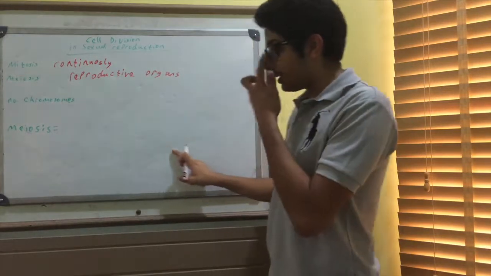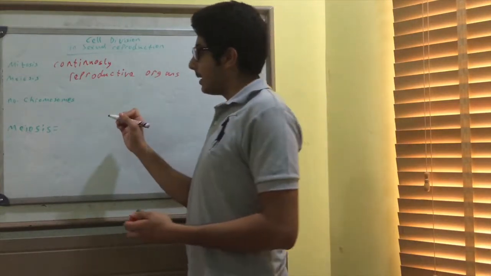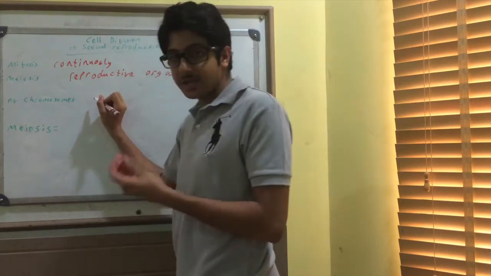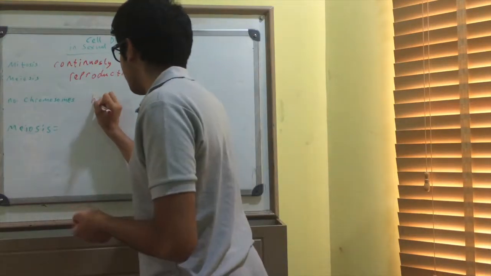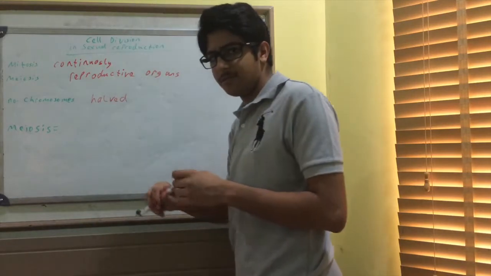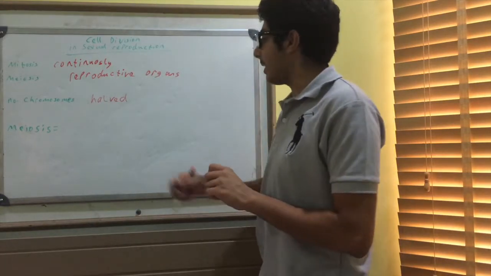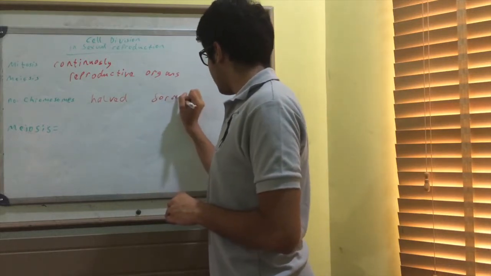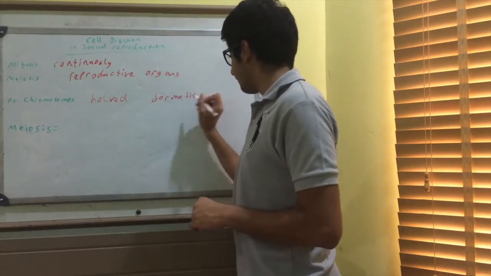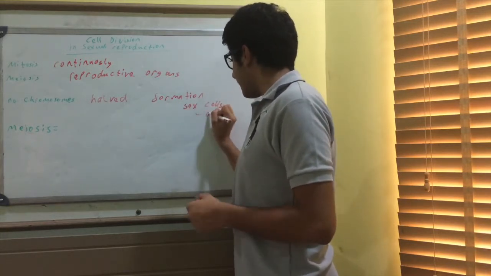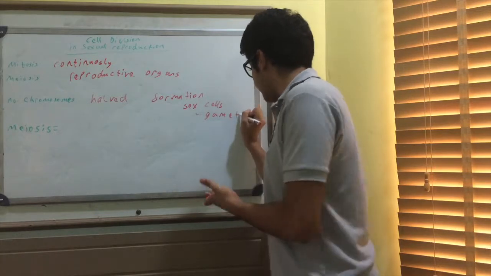And in meiosis, the number of chromosomes in each cell is reduced to half the original set. So the number of chromosomes is halved. And this results in the formation of sex cells, or gametes. Sex cells are called gametes.